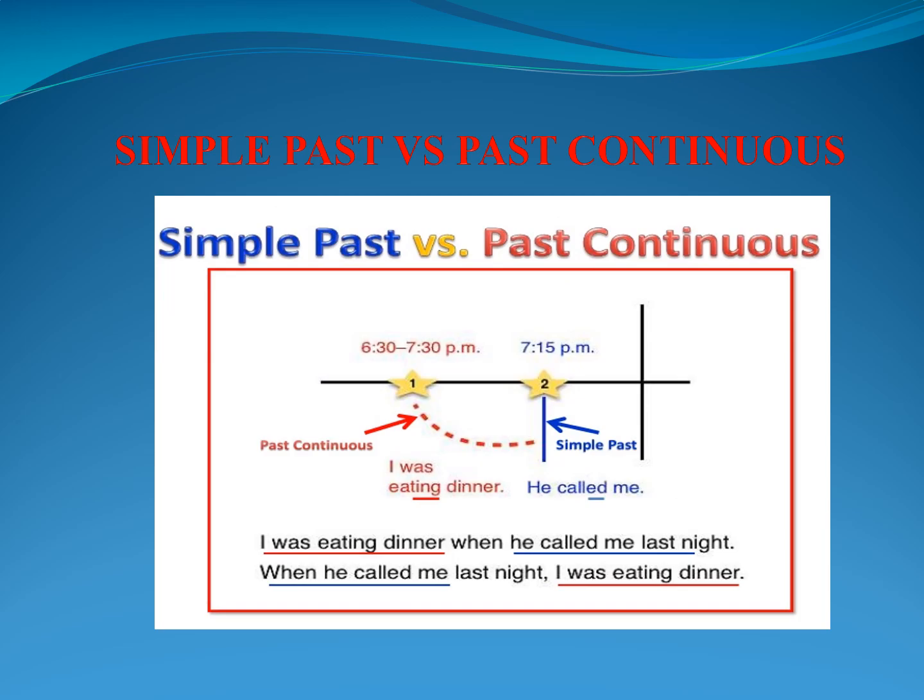Here we have the simple past and the past continuous as an example in the diagram. Look here, we have 6:30, 7:30. At the middle of that 1 hour, it means from 6:30 to 7:30, there is quarter to, 7:15. So let's see what did happen during that time.